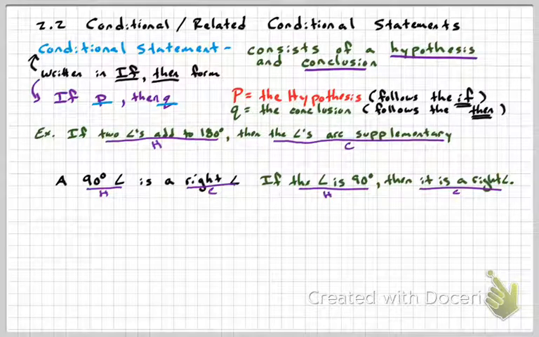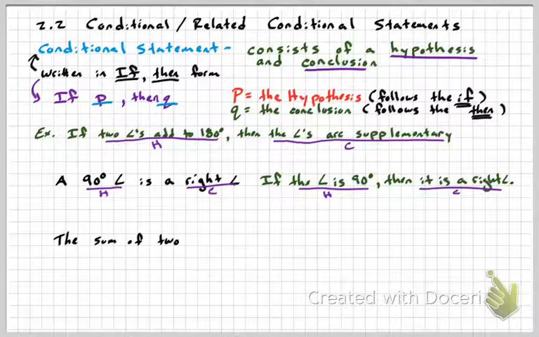Now, the question is, I want you to think about it, could I flip-flop those? Could I say, if it's a right angle, then it is 90 degrees, or then the angle is 90 degrees? Because that's going to be something we come back along to of whether or not, if I flip-flop it, it's still true. So right now, this is a very true statement, right? Like, if the angle is 90 degrees, then it's a right angle? Yeah, absolutely.